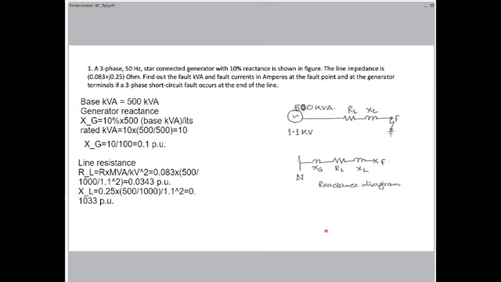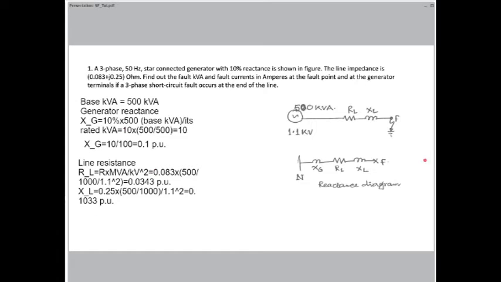Understood it? I need to hear from more people that you are understanding clearly how we draw the reactance diagram. Okay, thank you.